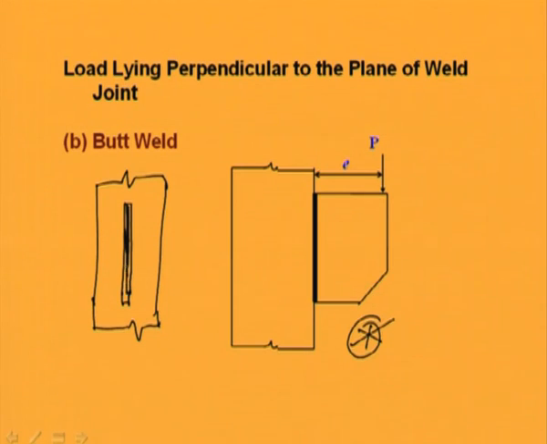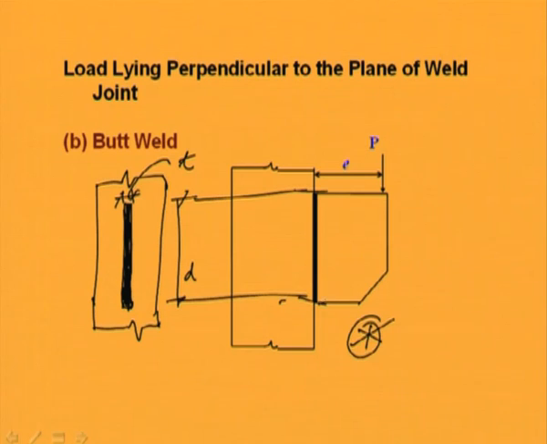So, if T is the thickness of the butt weld, then the area of the butt weld will be D into T. This is basically D and this is thickness T. Okay. So, area will be basically D into T. So, for butt weld very easily we can find out the area, then stress and then the resultant stress and other things. Okay. Let us see how to make it.